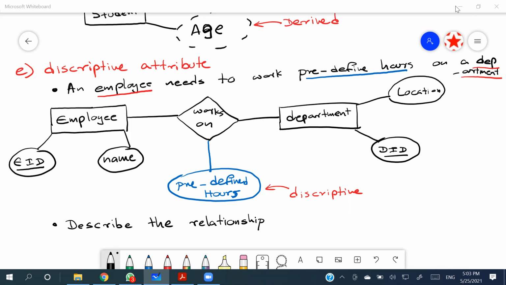Okay, so after the attributes, we are going to talk about the relationships now.